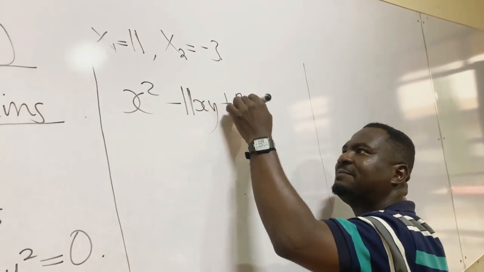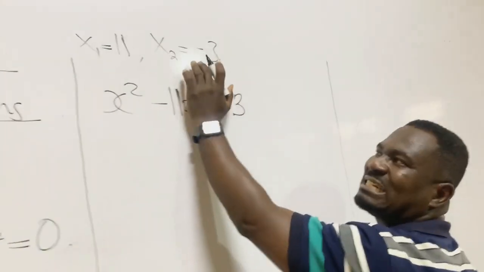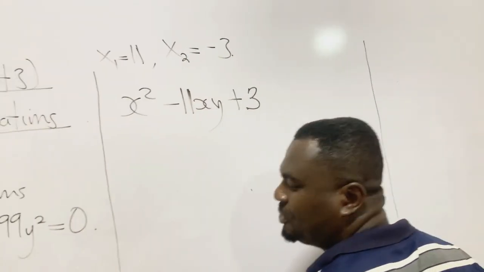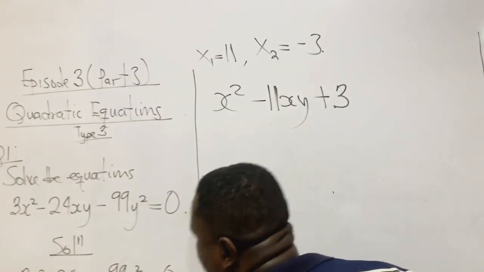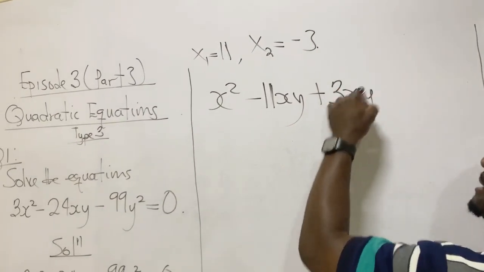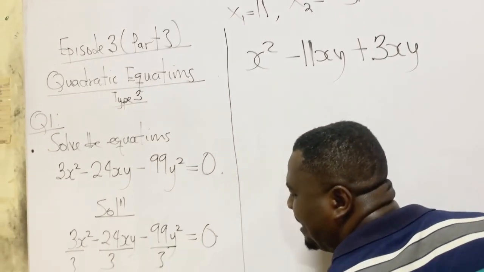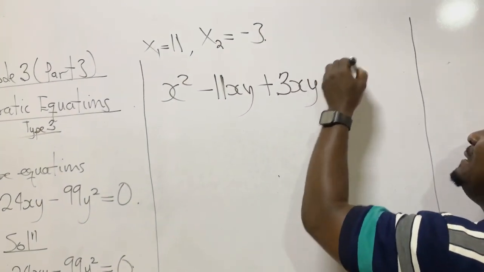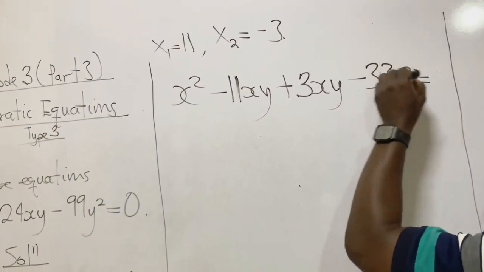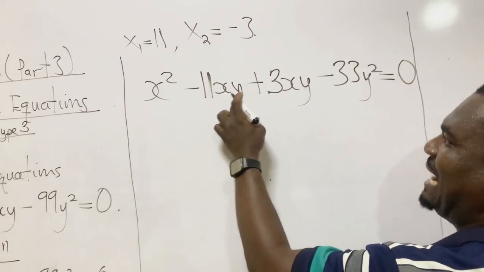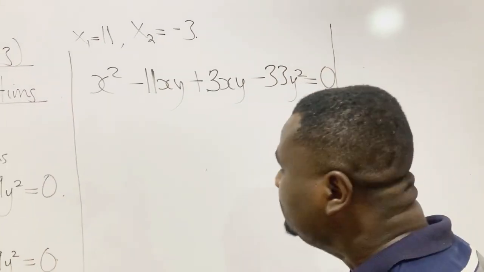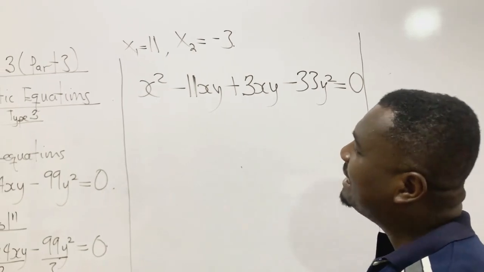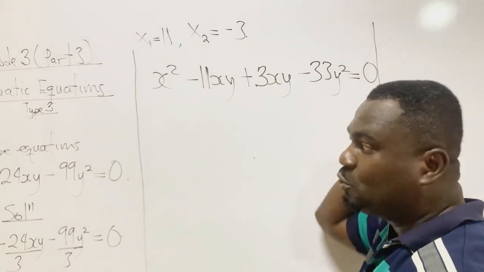So it's going to be +3. This is the instruction behind it. So you place in your variable, which is xy. Then you put in the last term, -33y squared, so that you can get the 4 terms to factorize.